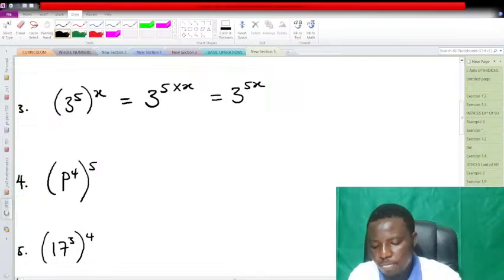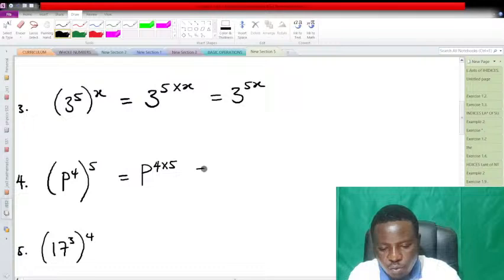Question 4, p raised to the power of 4 all raised to the power of 5. This is equal to p raised to the power of 4 times 5, which is 20.